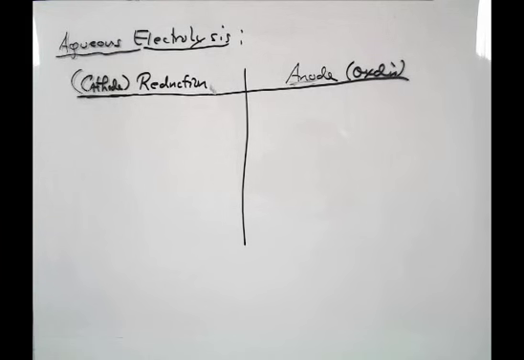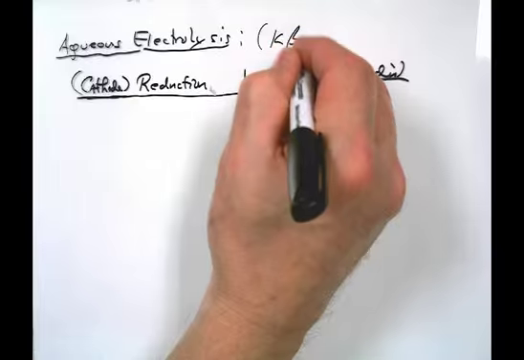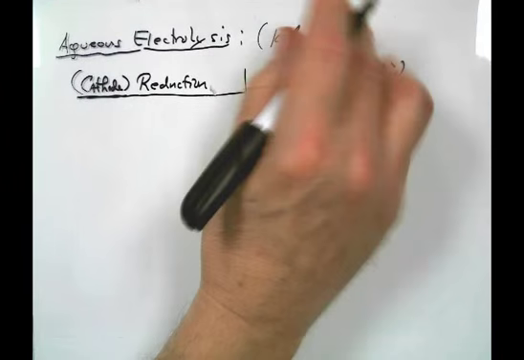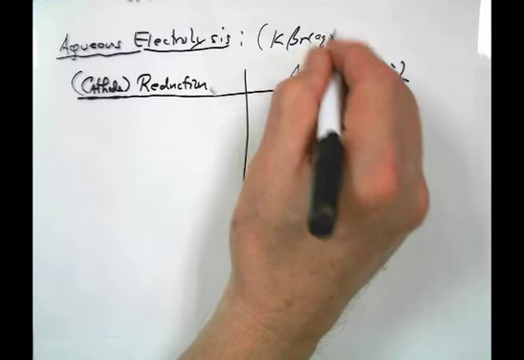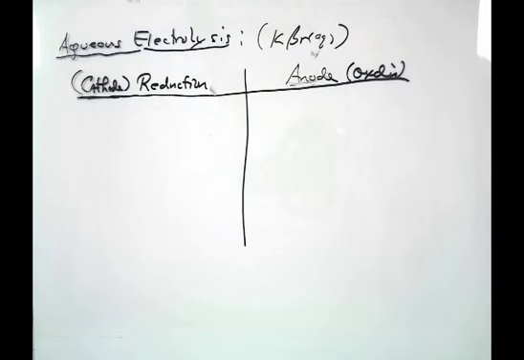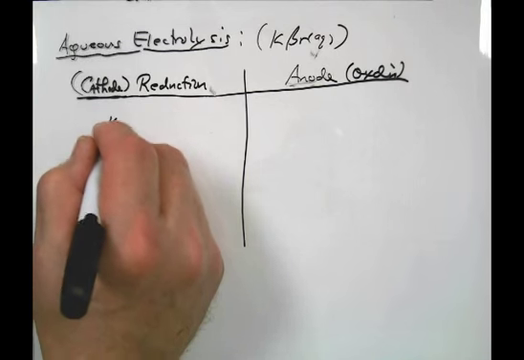Two reactions. If we work with, say, potassium bromide in aqueous medium, like this, the potassium will undergo reduction and bromide will undergo oxidation. So we'll go ahead and put those two in.